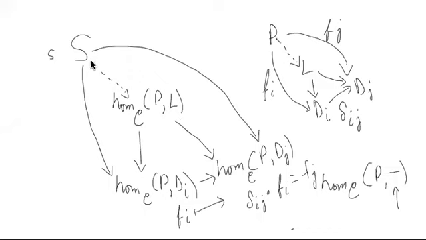Okay, so the destination of S to here, which is right here, if we take that and we map it down here, that's like extending this by this morphism right here, then we should get the Fi that we got right here, which is the same thing as saying that this part of the diagram commutes.